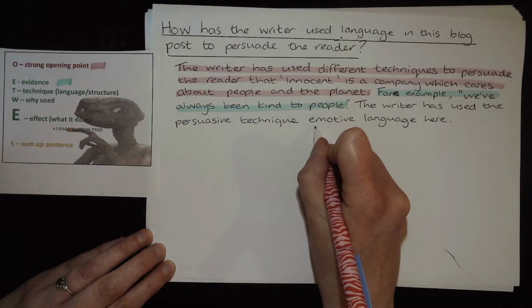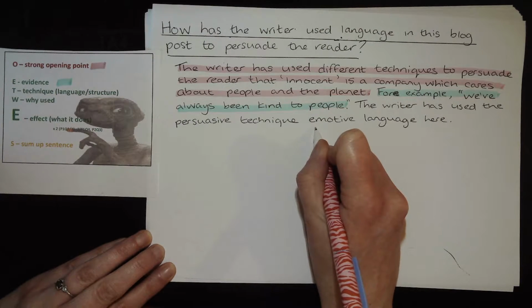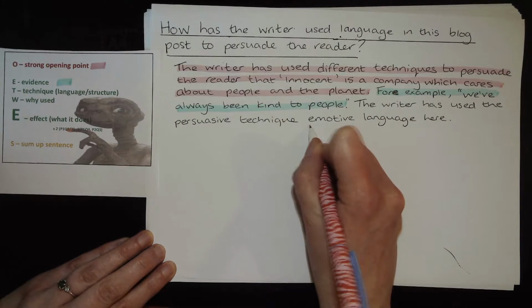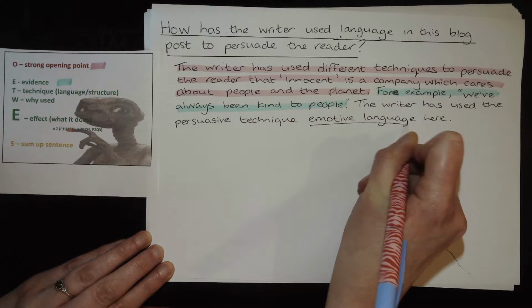So this is my technical term. Remember, in English, we always want to use the technical terms that we use to describe language. So this is my persuasive technique here.